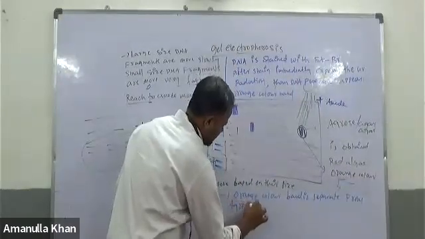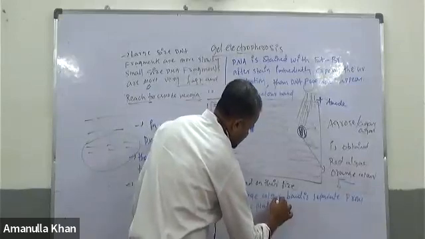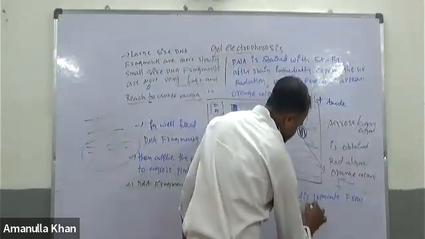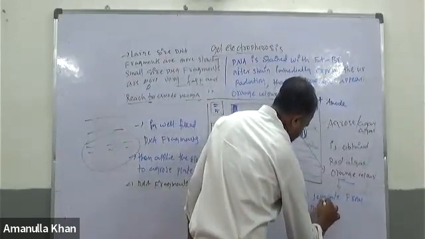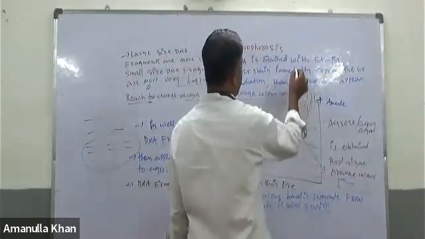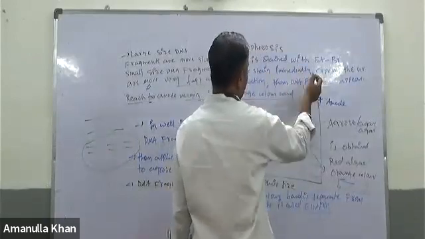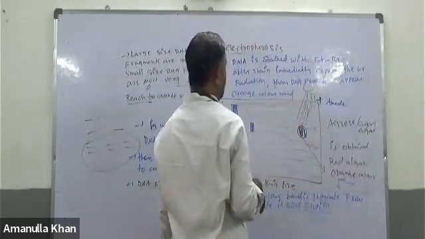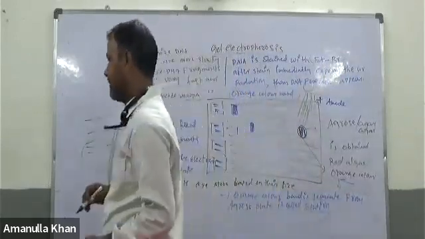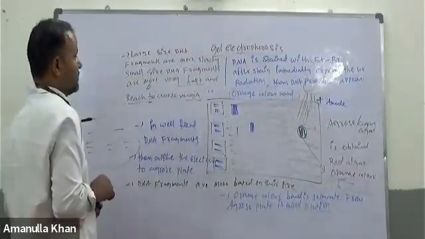Separation from the agarose plate is called elution. Important point: elution is important, then ethidium bromide is important, and the color in which the bands appear is also important. These are about gel electrophoresis.